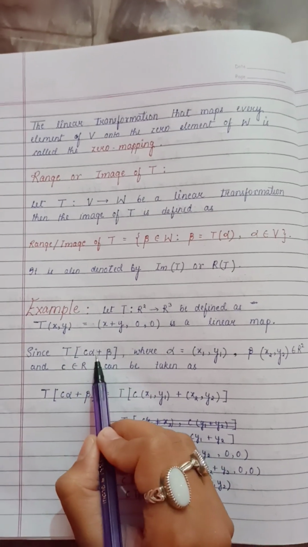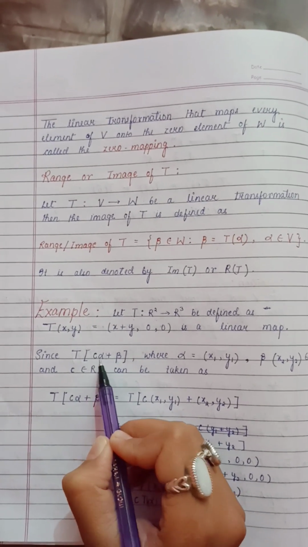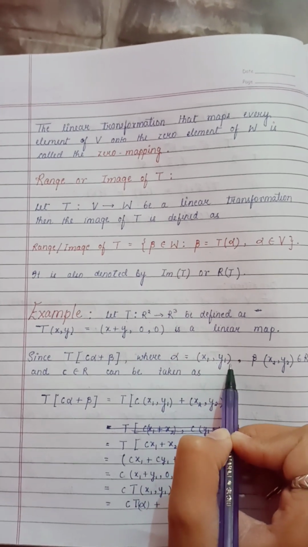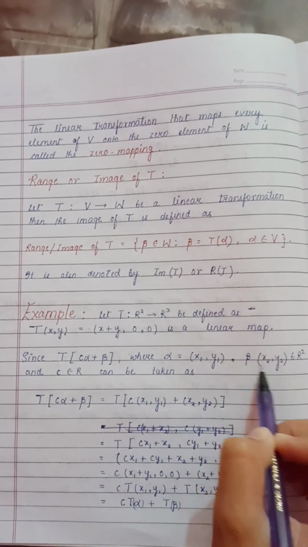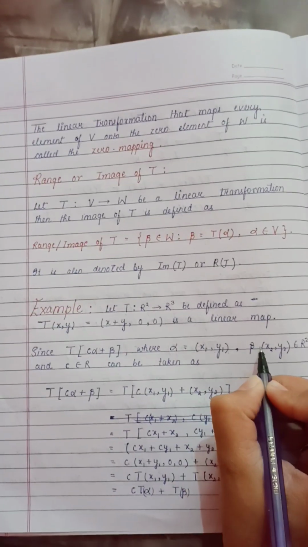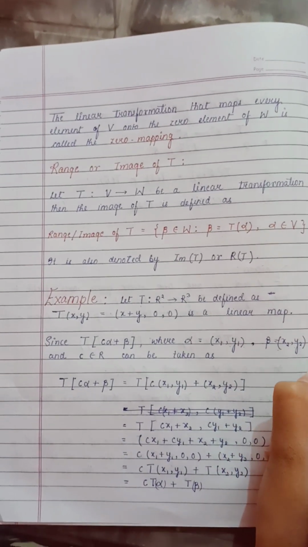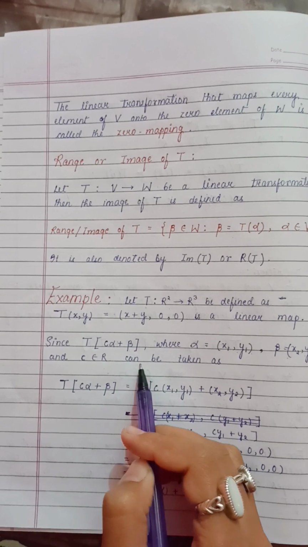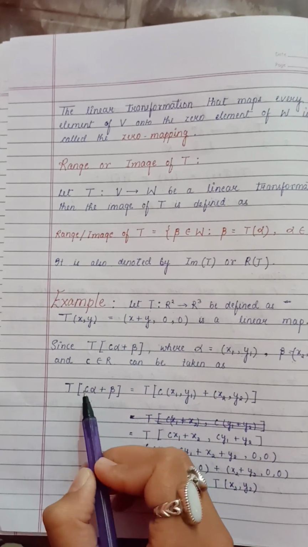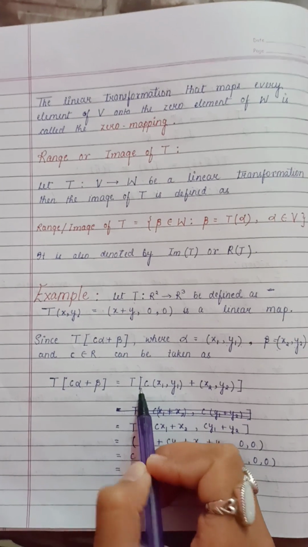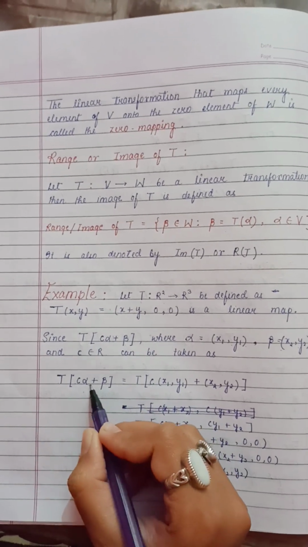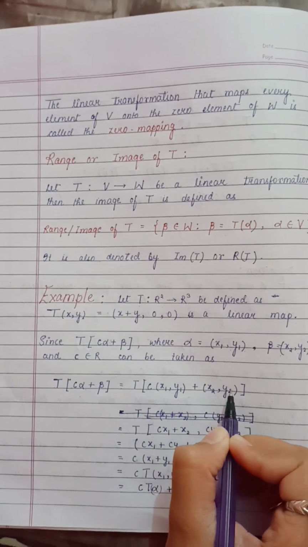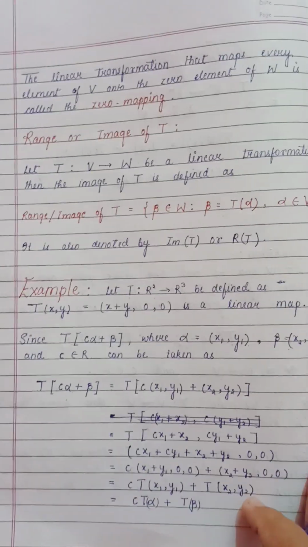Let alpha be (x1, y1) and beta be (x2, y2) belonging to R2, and c a scalar belonging to R. Then T(c alpha plus beta) equals T(c(x1, y1) plus (x2, y2)). Adding, we get T(c x1 plus x2, c y1 plus y2).